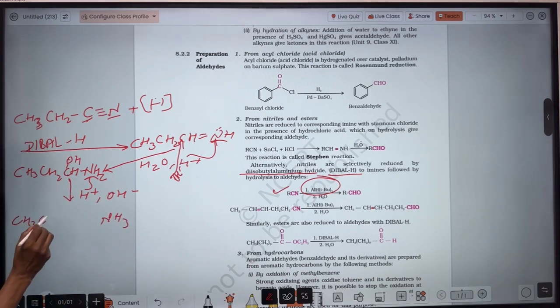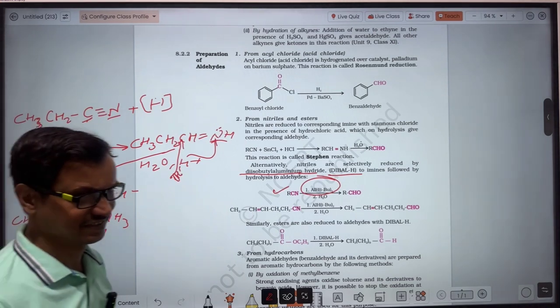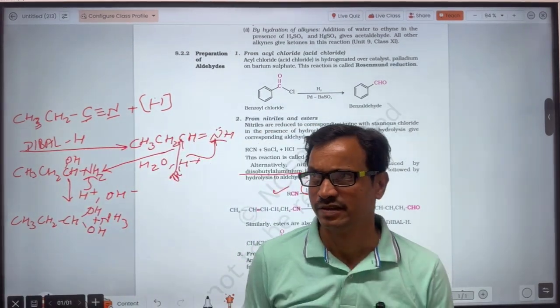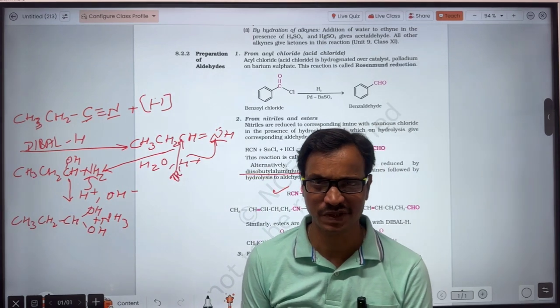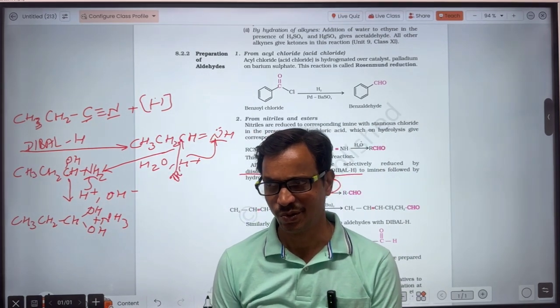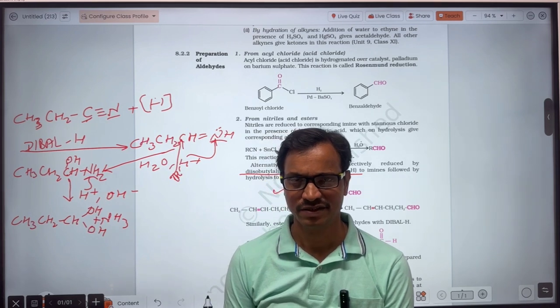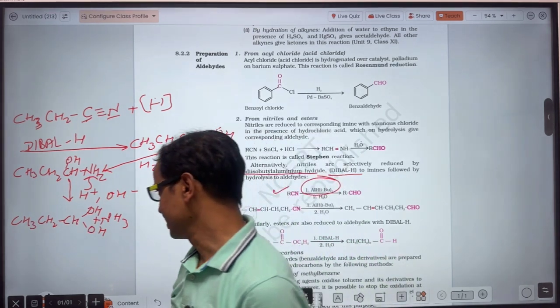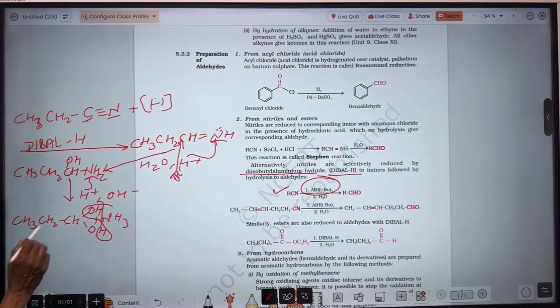So there will be two OH groups attached to the same carbon, and I have reiterated that when two OH groups are present on the same carbon, the compound will be unstable. So the hydrogen of one OH will combine with another OH and form water. So this hydrogen and this OH combine, forming H2O, and this oxygen forms a double bond to this carbon.